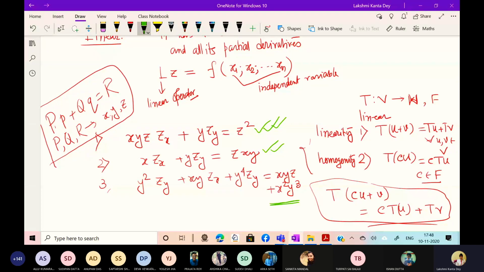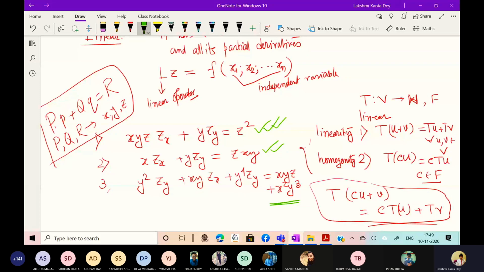That means if u and v are two things, L of u plus v has to be equal to L of u plus L of v, and L of cu has to be equal to c into L of u. This is homogeneity, and the first is additivity.